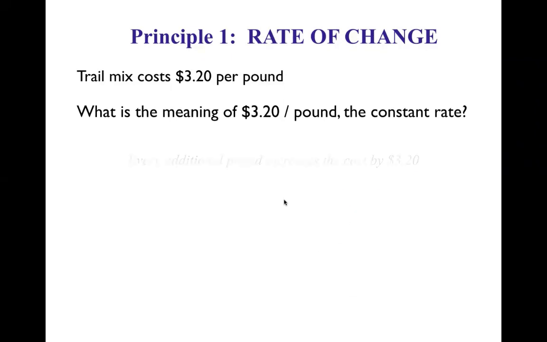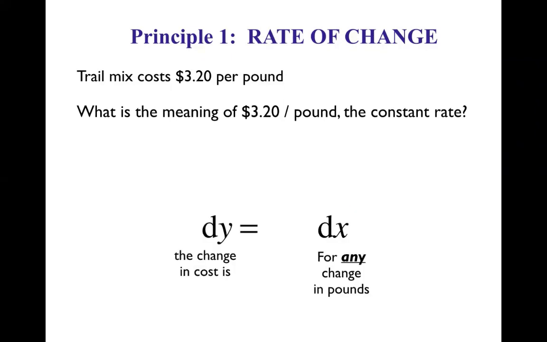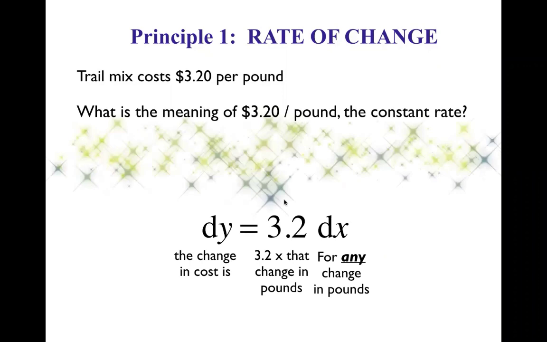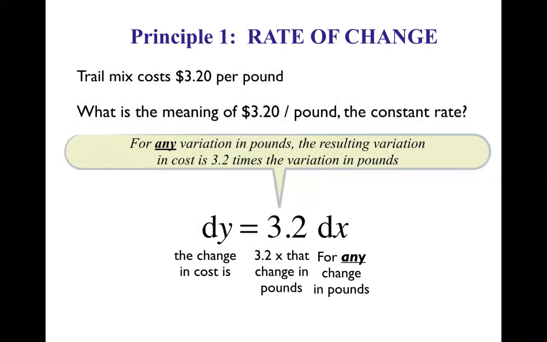What's a better meaning? For any change in pounds, the change in cost is $3.20 times that change in pounds. That's the strongest, broadest definition for this constant rate of change. It tells you how much the change in cost is for any change in pounds.